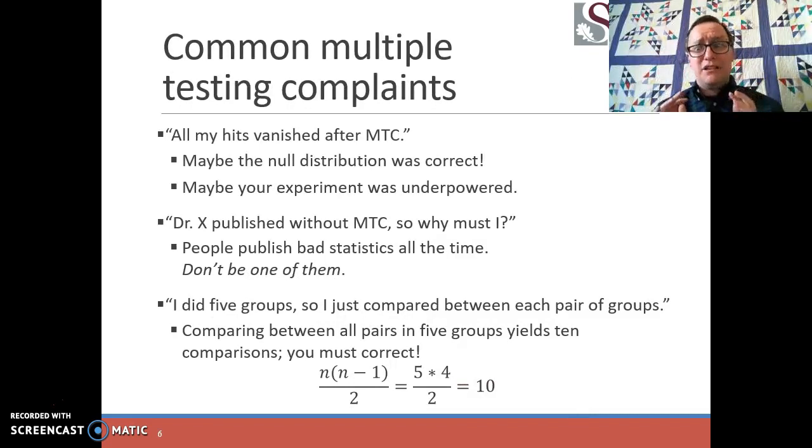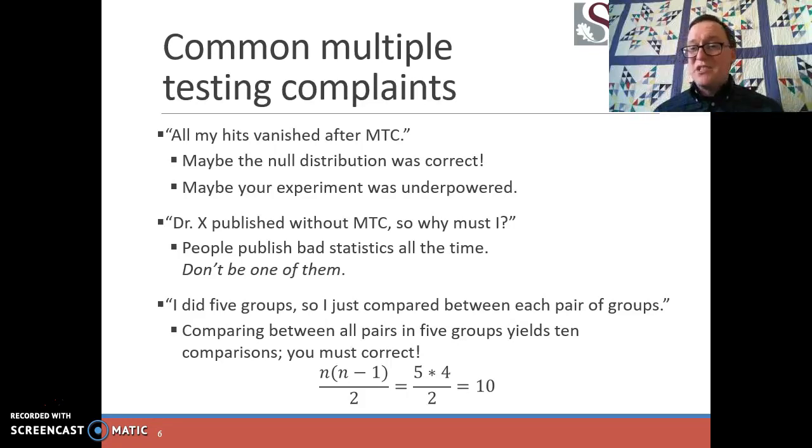Now, there are a lot of complaints in association with multiple testing correction, and I want to walk through them because you're going to hear these from people you work with from time to time. First off, the most common one is, all my hits vanished when I use multiple testing correction, so I can't use it. Well, I want you to hold your ground on this one.